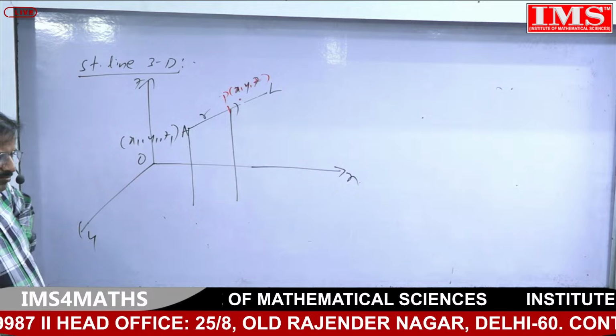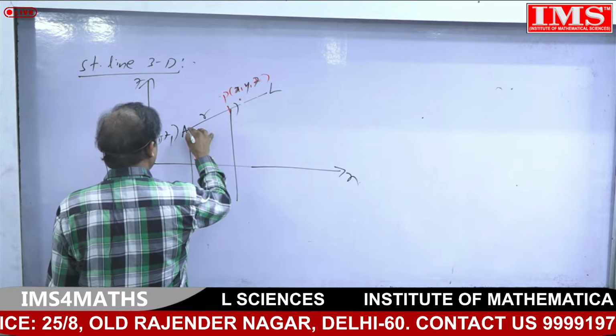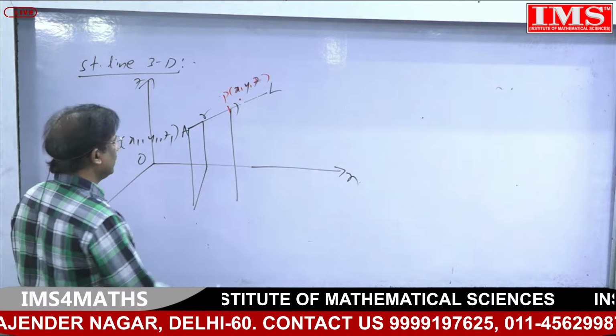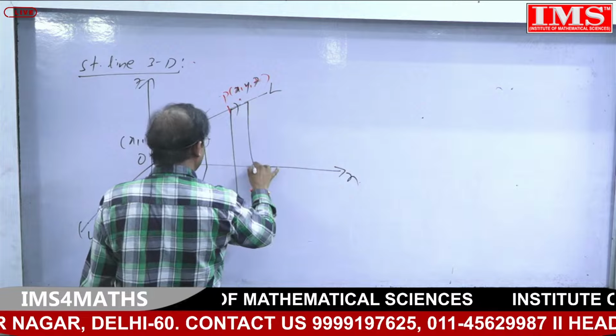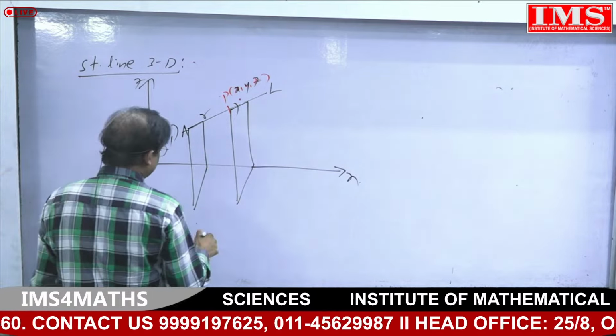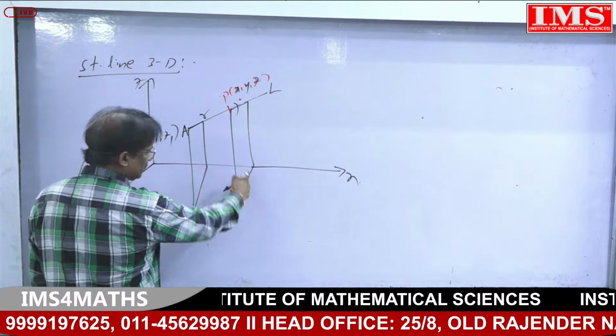No. But containing this projection, I can find a plane that intersects the X-axis. And containing this one also, I can find a plane that intersects the X-axis. Now it intersects at one point, that's what you understand.